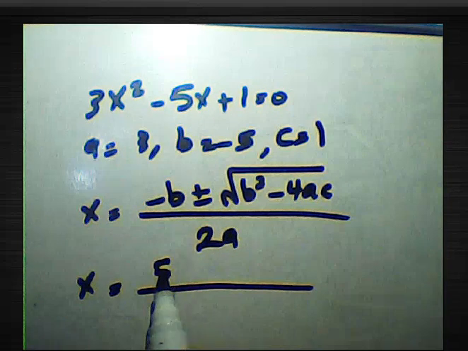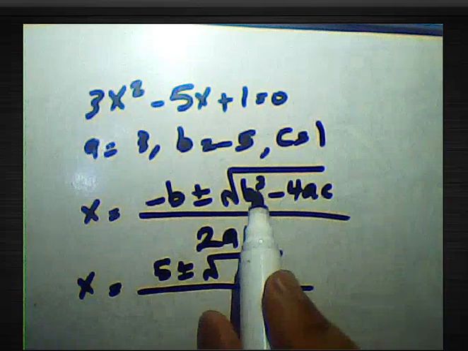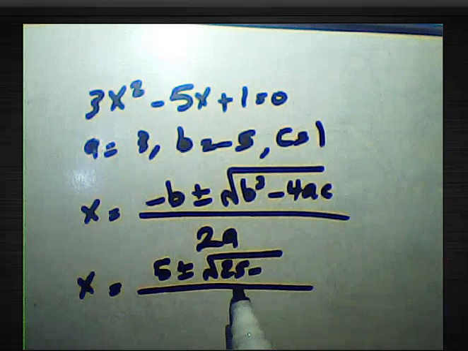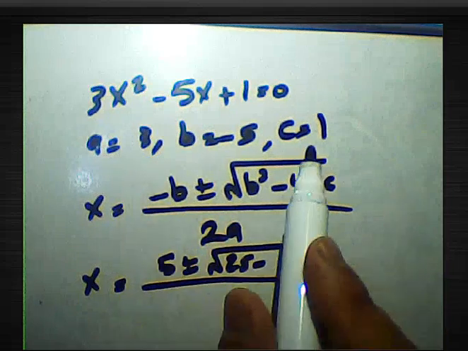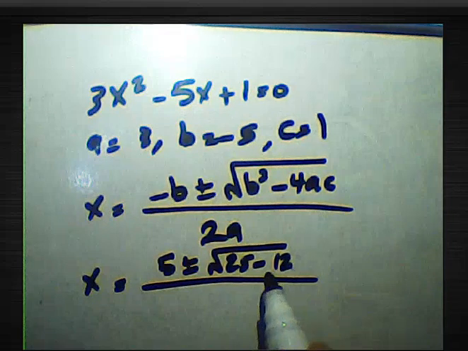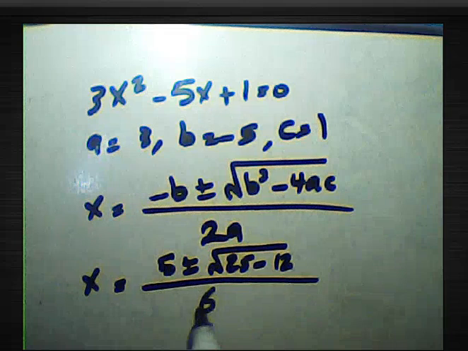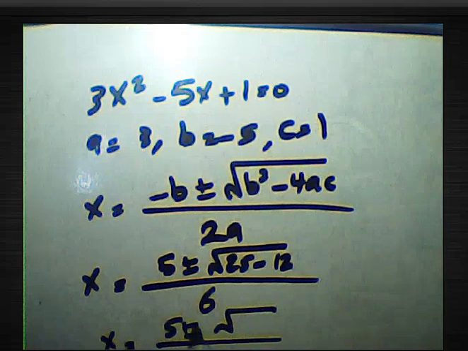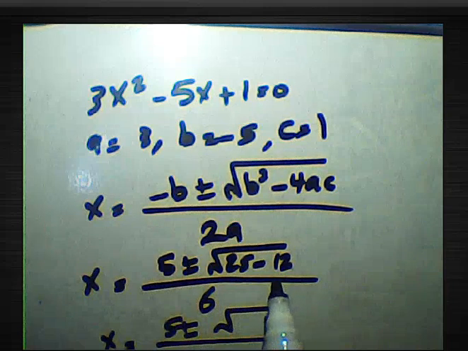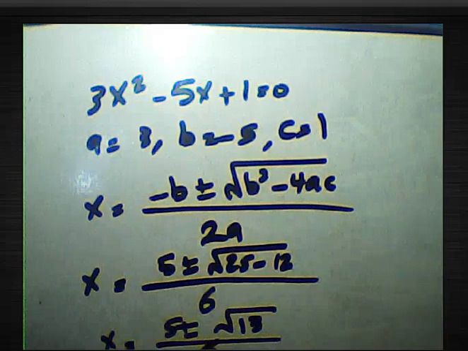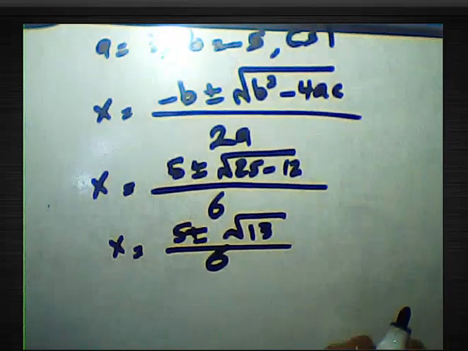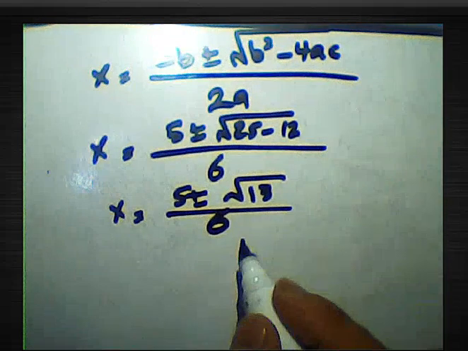Negative b will be 5, positive or negative the square root of b power 2, which equals 25, subtract 4 times a times c, 4 times 3 is 12, times 1 equals 12, over 2 times 3 equals 6. Then x equals 5, positive or negative the square root of 25 subtract 12, which is 13, over 6. You can find the result, positive or negative, by using the calculator.